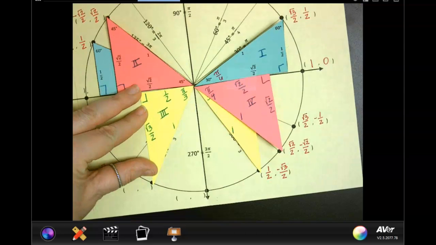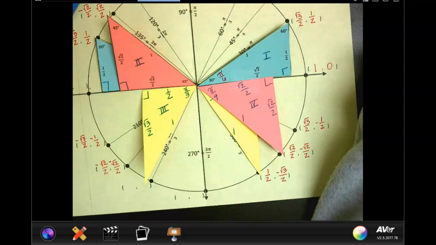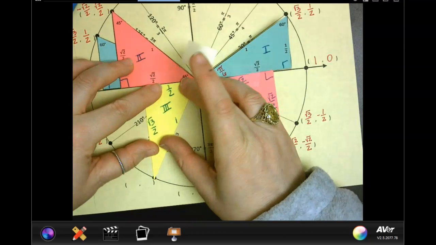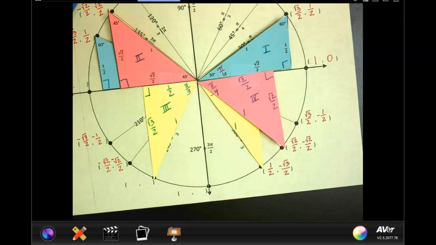So we get all that labeled and get that taped down.